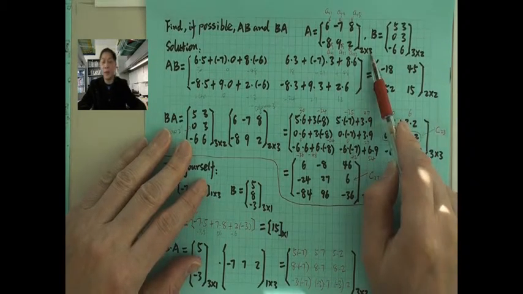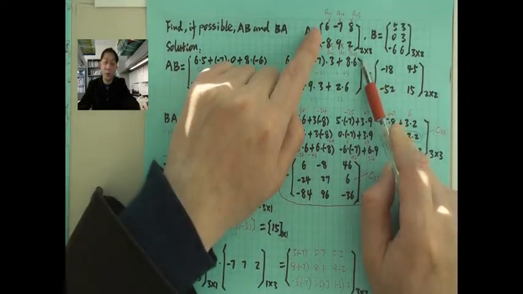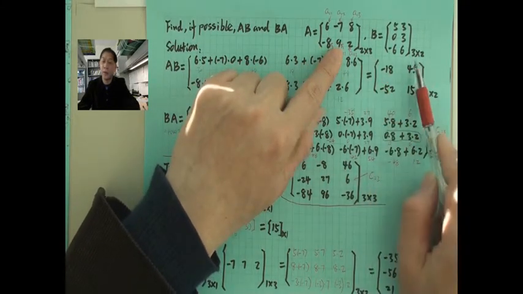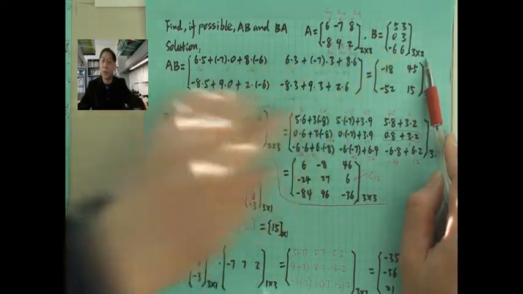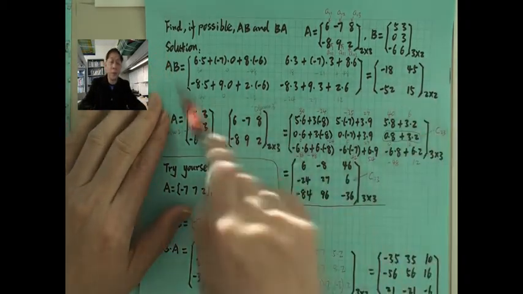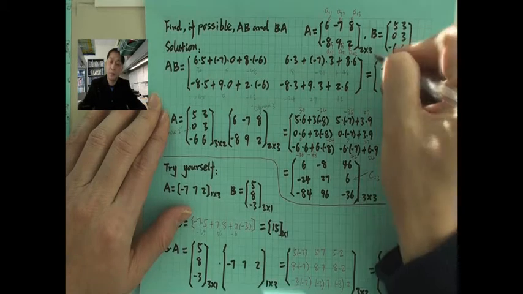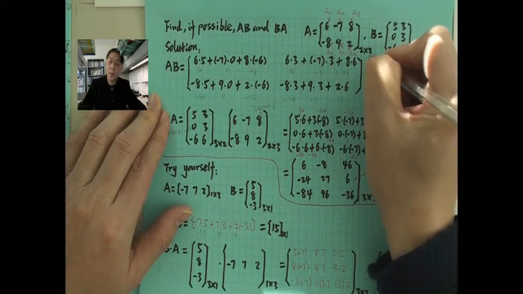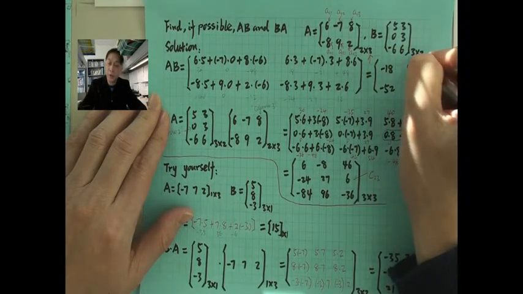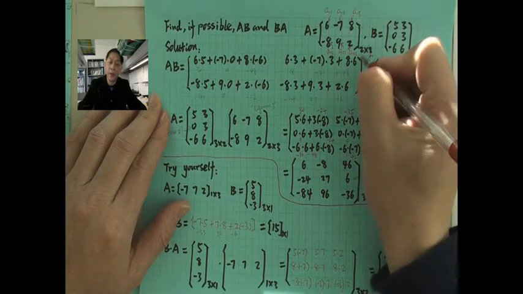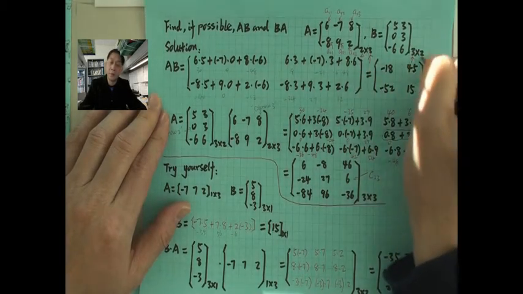A is 2 by 3, always row first, column next, and B is 3 by 2. So what we can do is A times B. Here the number of columns equals the number of rows, so we are able to do that. And then you will end up with a 2 by 2.